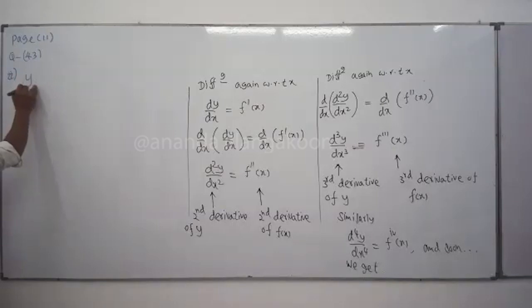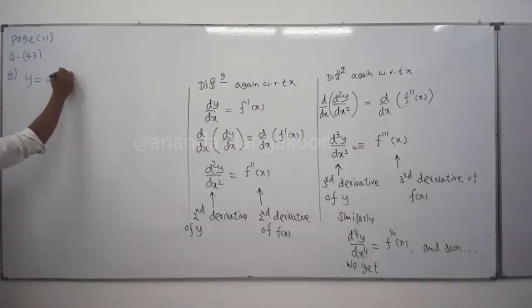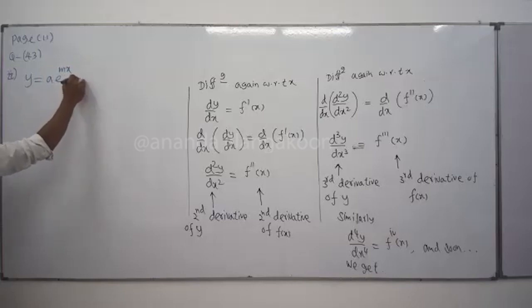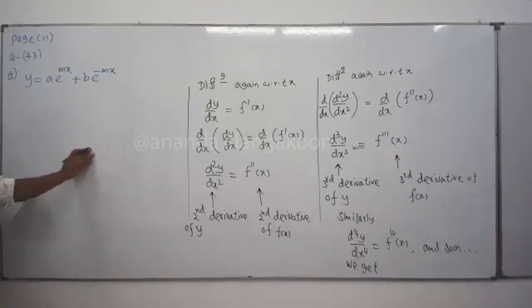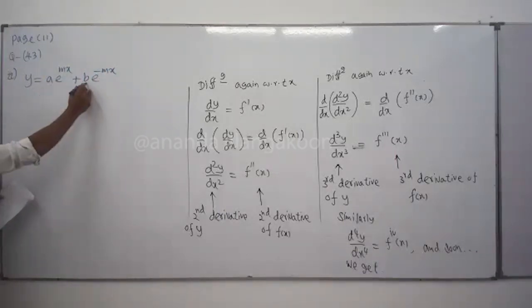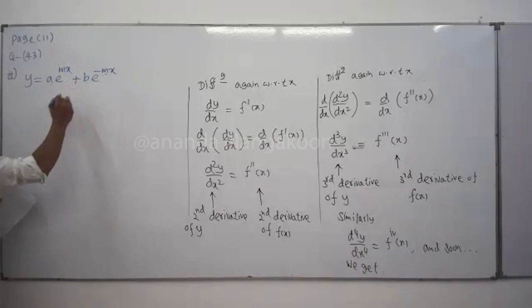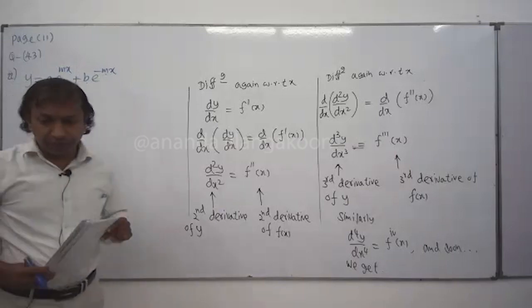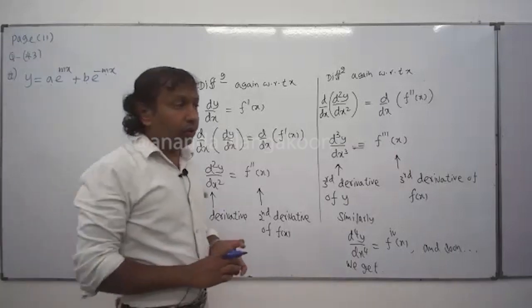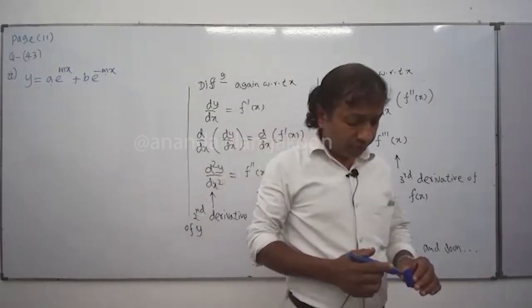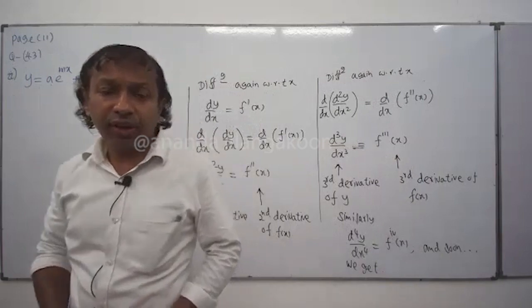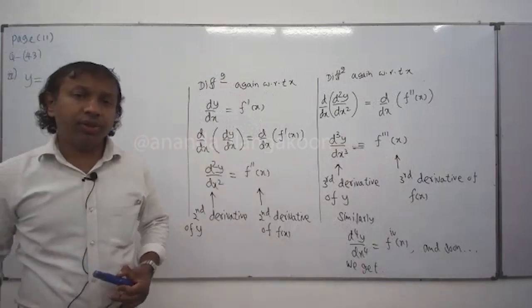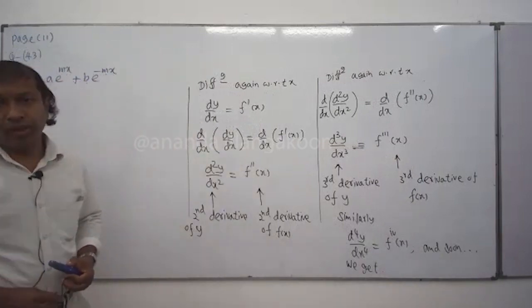Given that y equals a e^(mx) plus b e^(-mx). Here, this a, b, and this m are constants, remember. Usually, if we are not given that there is a parameter or variable, except the letters x and y, the rest are considered constants.